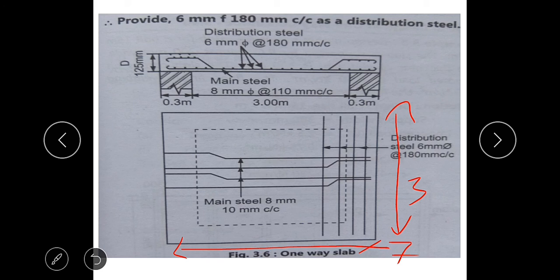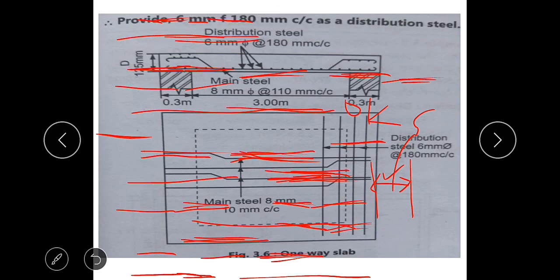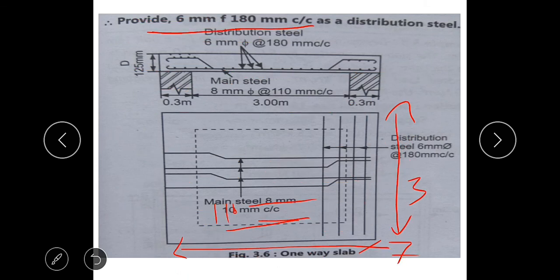Along the shorter span the main bar is 8 mm, with spacing 110 mm center to center, and distribution bar 6 mm, 180 mm center to center. Here we find the diameter is 6 mm and spacing is 188, which means 180.